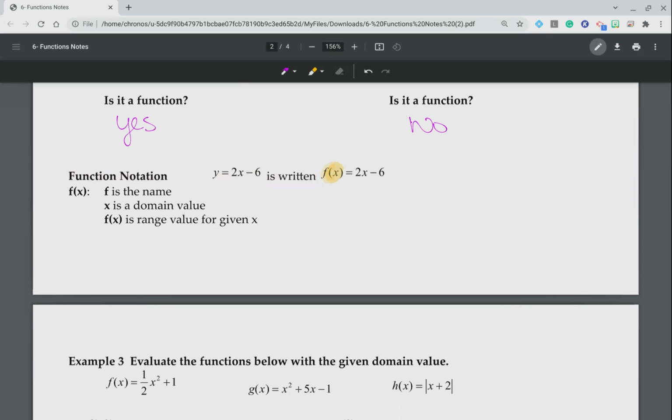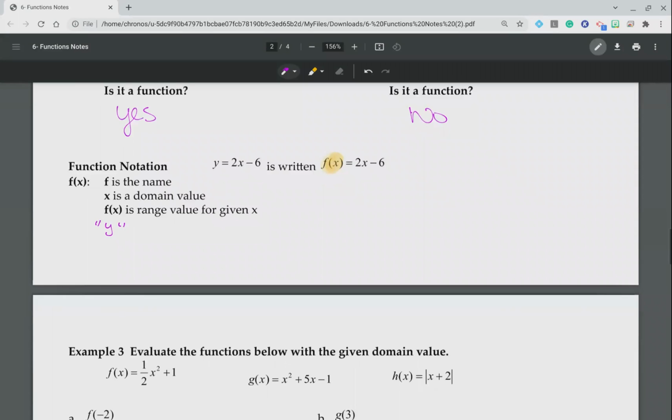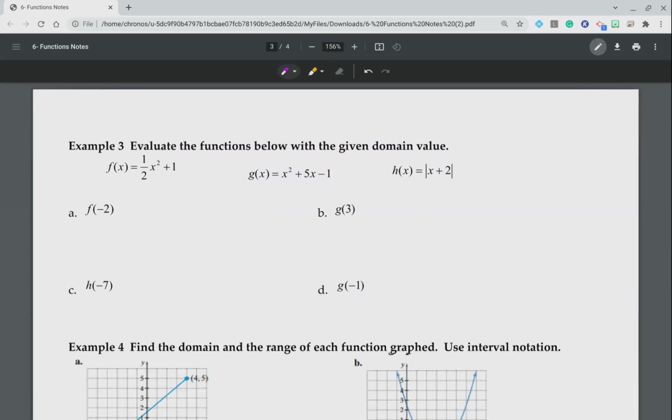F is the name, x is the domain, and f of x, or y, is the range. What these types of problems are going to look like is they're going to tell you what number to plug into the function, and you're going to find what the range is according to what they tell you to plug in.